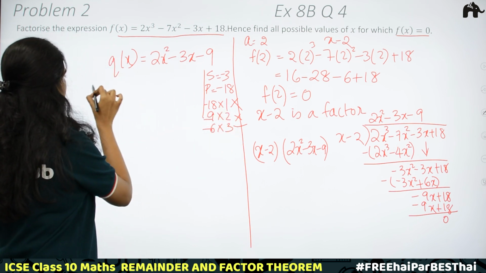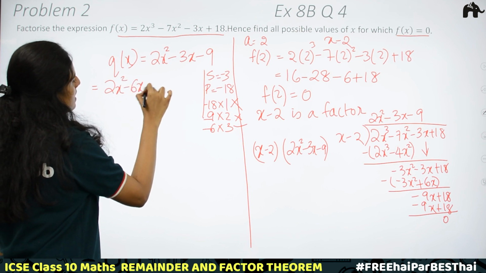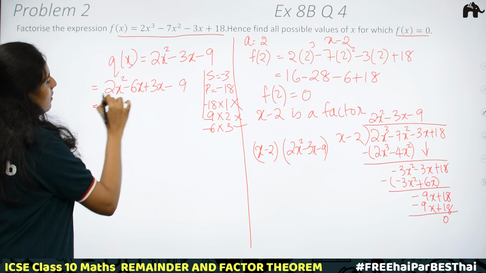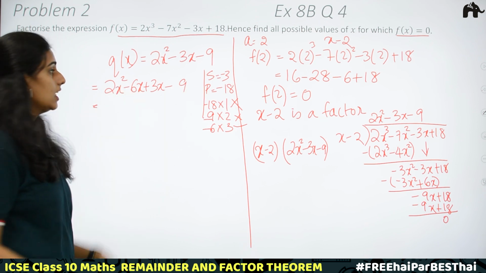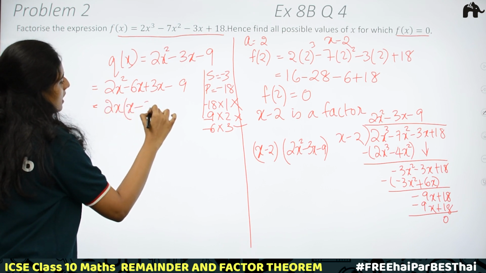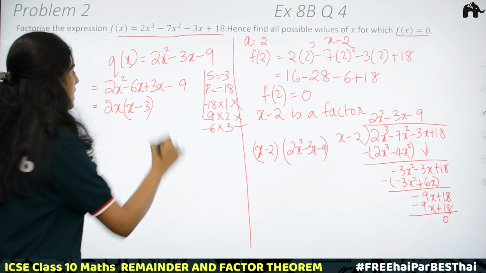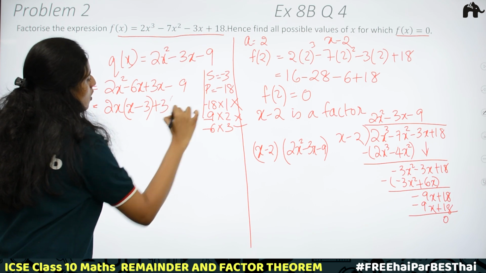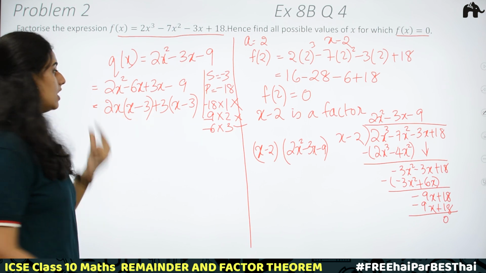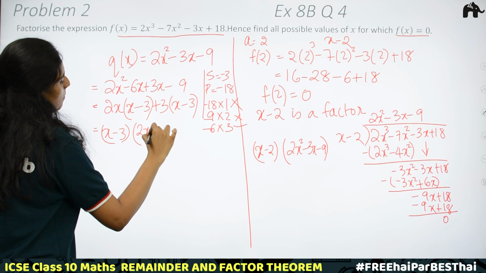So the numbers are minus 6 and plus 3. Here we can split the middle term. We will be getting 2x square minus 6x plus 3x minus 9. Now take the common. From 2x square and 6x we can take 2x common, remaining we have x minus 3. From 3x and 9 we can take plus 3 common, remaining we have x minus 3. x minus 3 is common, taking x minus 3 out. x minus 3 into what is remaining? 2x plus 3.